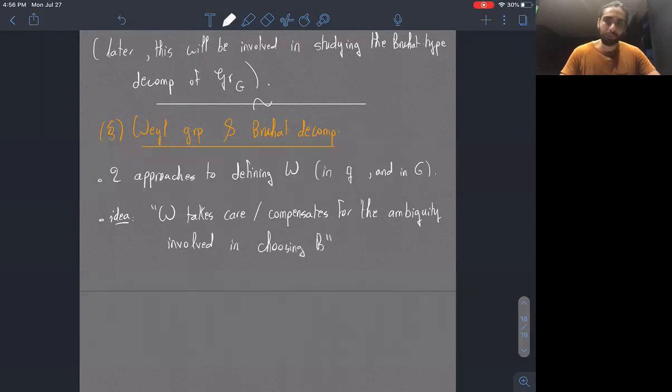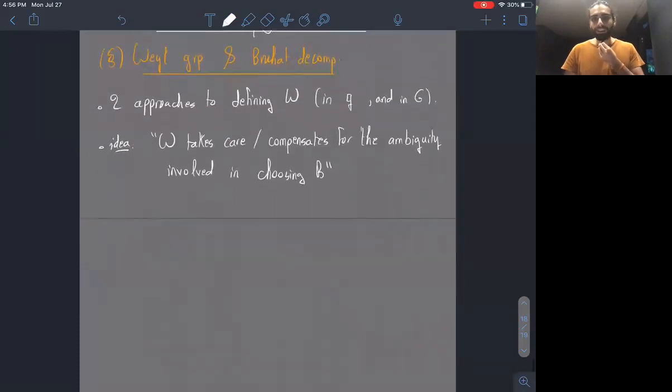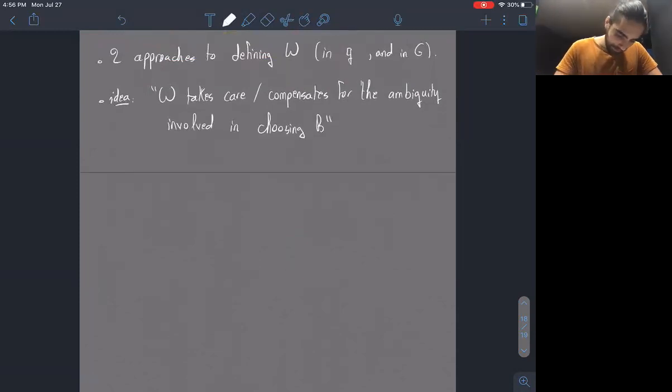And we'll see a couple explicit versions of this idea. But you should think of the Weyl group as just transitioning between different choices of B or the resulting positive roots and so on.